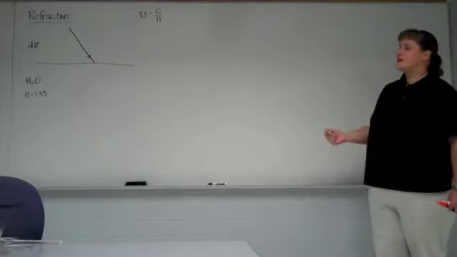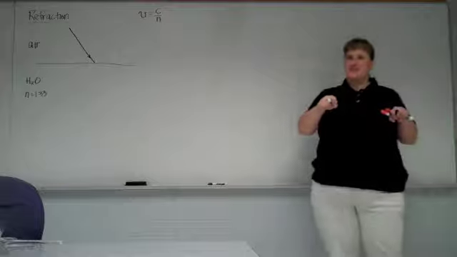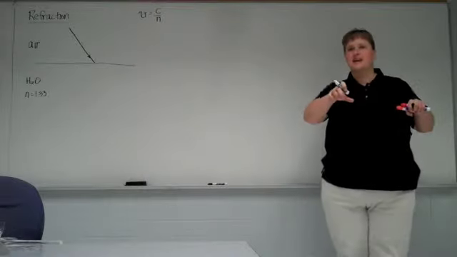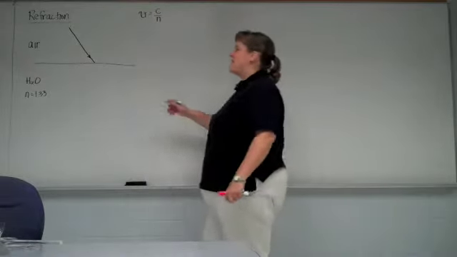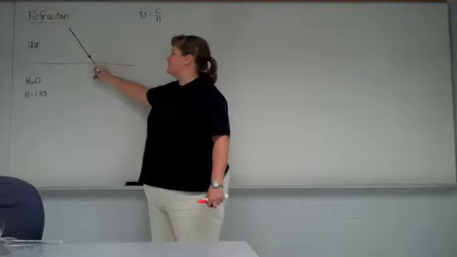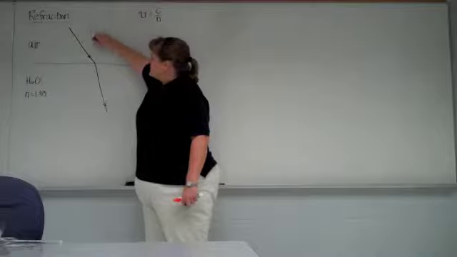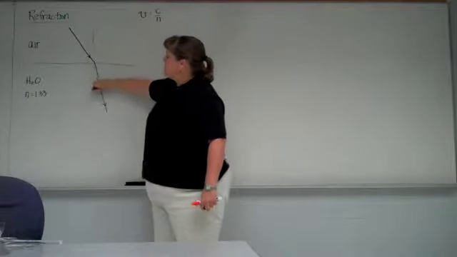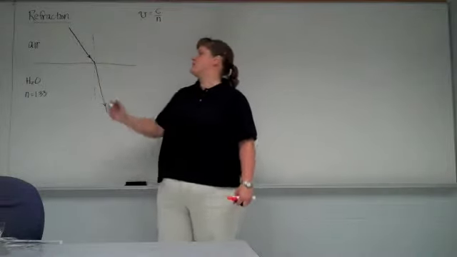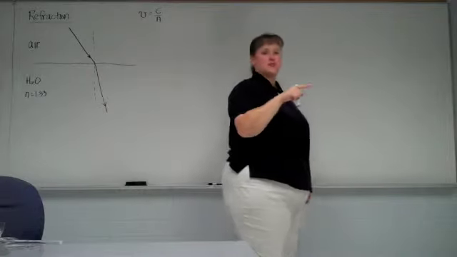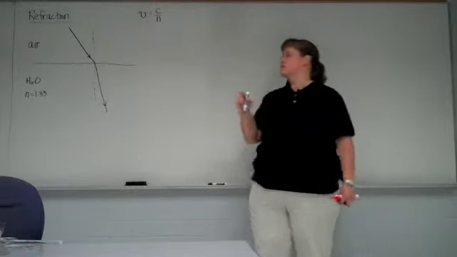So since the light slows down, it's like the shopping cart, the wheel getting stuck. It can't go as fast. So what happens, it ends up getting bent. The angles we're going to use are always going to be measured relative to the normal. The normal line, remember, is the line perpendicular to the surface.